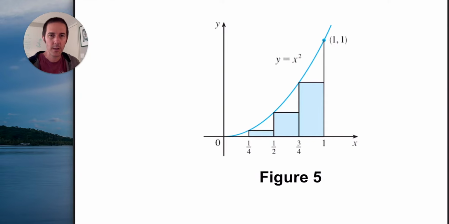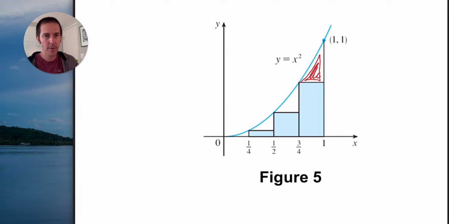Notice that each of these rectangles is under the curve, below the curve. So in terms of trying to calculate the area under the curve, we've excluded this area, and we have excluded this one, and we have not taken this into account. We haven't taken that into account either. So this is an underestimate.